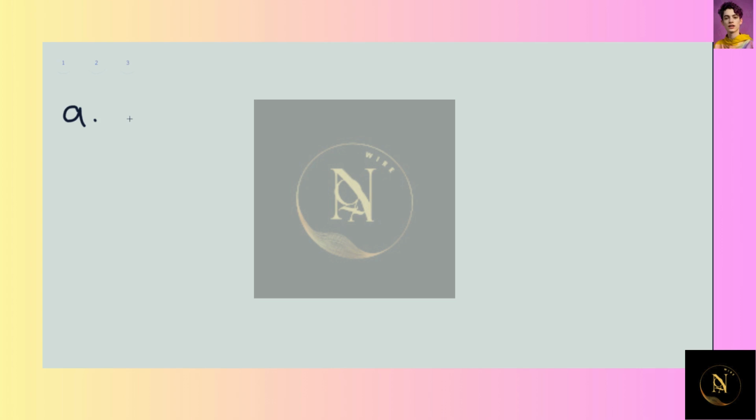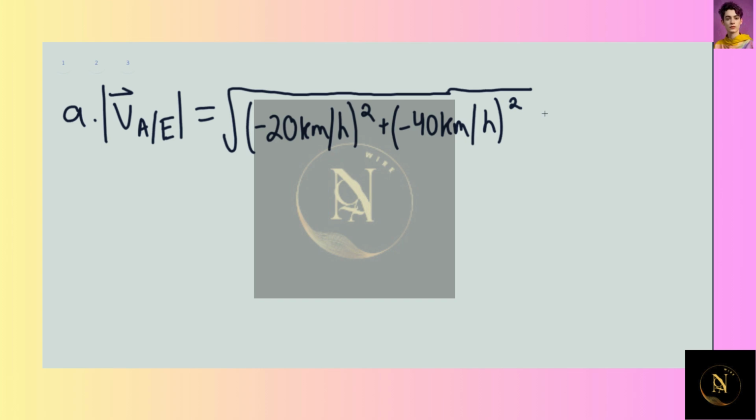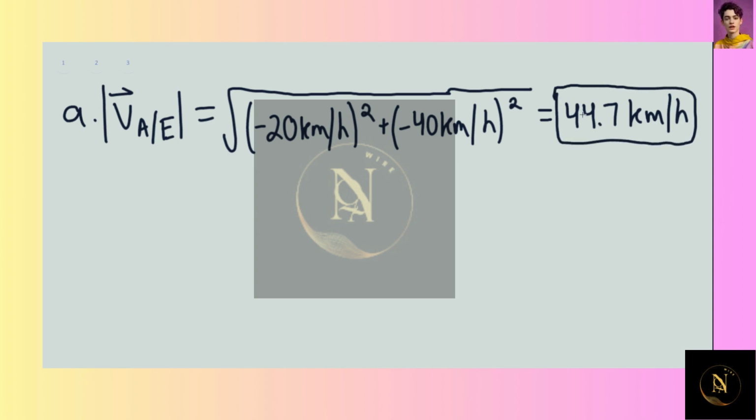So for part A, the magnitude of the velocity vector of the air relative to the Earth would be the square root of negative 20 kilometers per hour quantity squared plus negative 40 kilometers per hour quantity squared. This gives us 44.7 kilometers per hour. This would be the final answer for part A in terms of the magnitude.